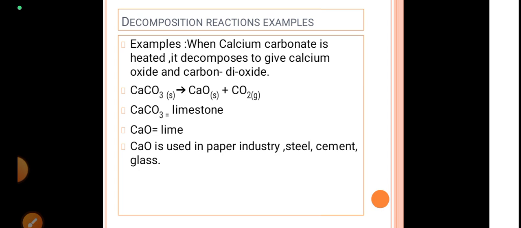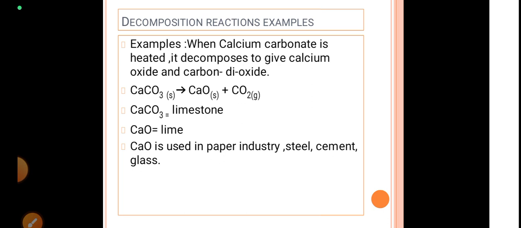Calcium oxide is in solid state, carbon dioxide is gaseous. So here we can understand how decomposition is opposite to combination. That is, a single reactant will split to give rise to two or more products.